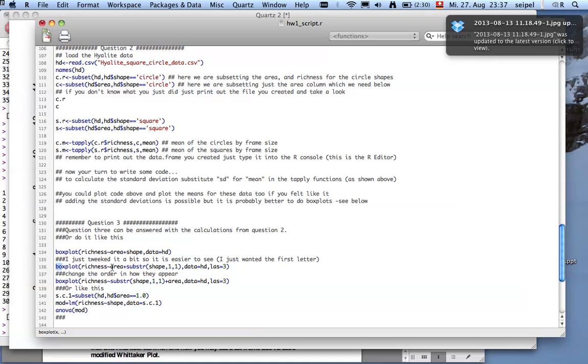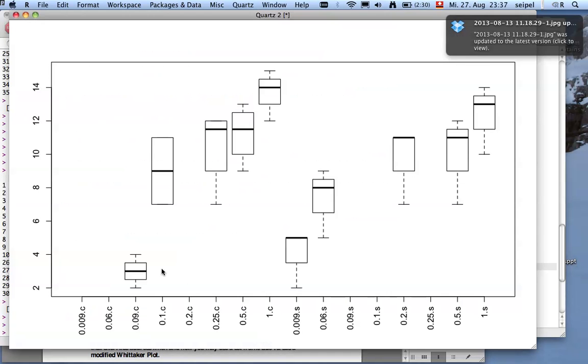I wanted just one letter here. I'm using the same data, and then I use this LAS3, which you can look up under box plot, but it basically turns the axis labels in different directions, and I called it up again to see that.